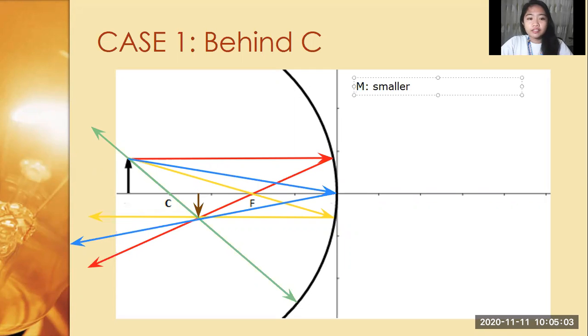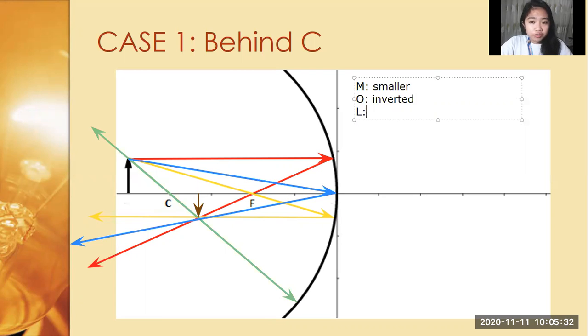So it means that the image that you're going to see when the object is behind the center of curvature is going to be smaller. For the orientation, since it is found at the opposite side of the object, the object is upright, the image is inverted, so it means that the orientation is inverted.